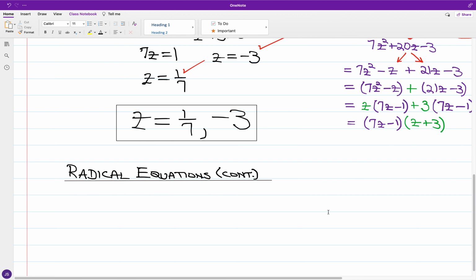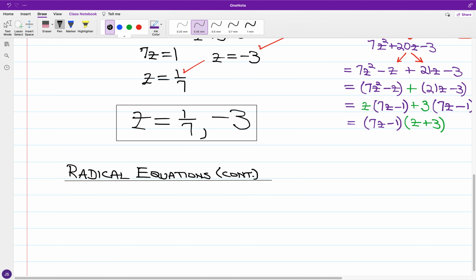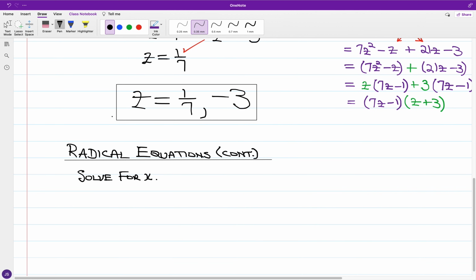Now let's say we have a case here where we are looking at solving for x. And in the equation, let's say we have x is equal to the square root of 4x plus 12.